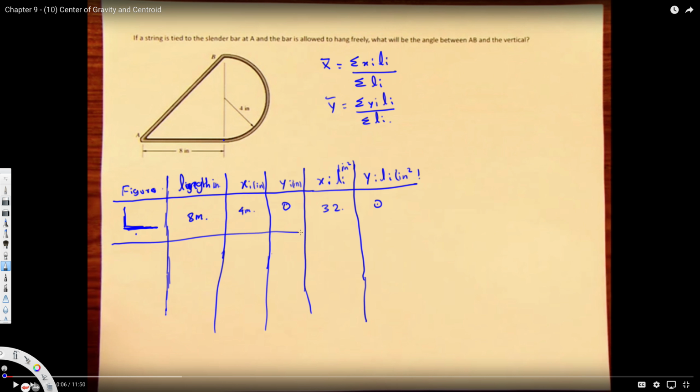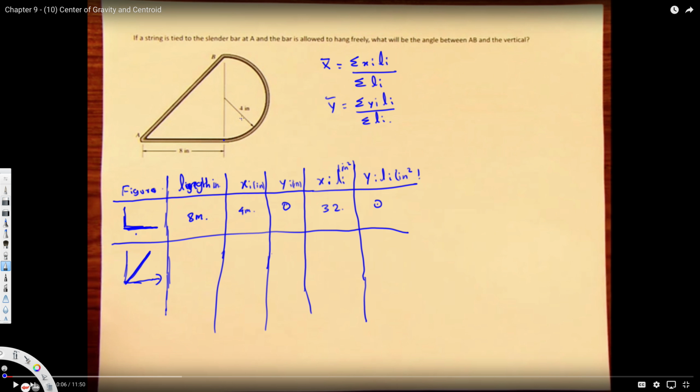Then for the next figure, I'm taking this line AB. To calculate AB, the distance is not given, but we can calculate it using the Pythagorean theorem. This is the hypotenuse of a 90-degree triangle.